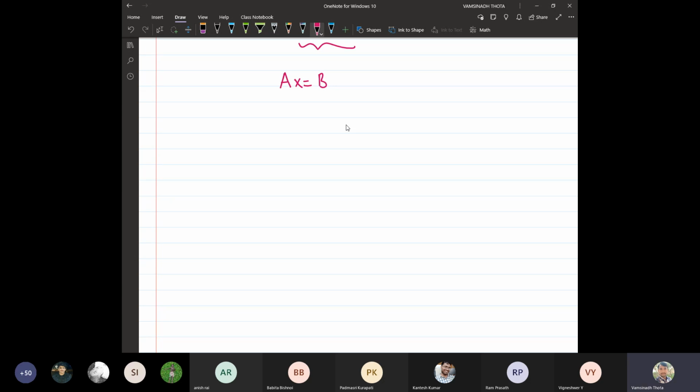Now, in finding the solution for a system of linear equations, there are basically two types: direct methods and iterative methods.